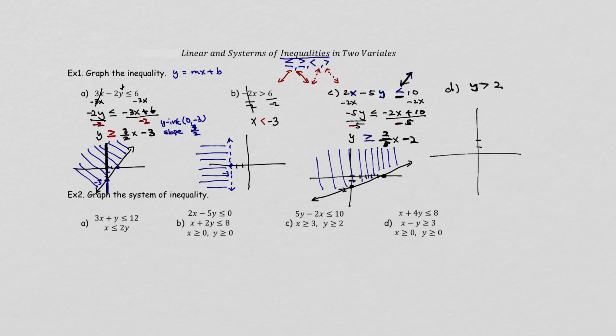And because it's greater than, not greater than or equal to, there is no equal sign, so it will be a dotted straight line. And y has to be greater, so this y is greater than this y. So the area you're going to cover for this inequality will be the upper area.